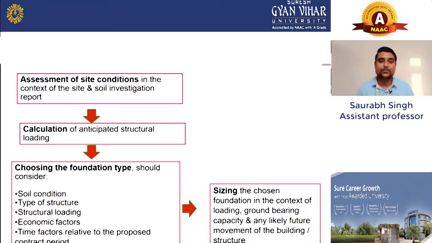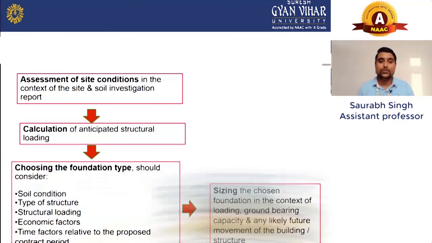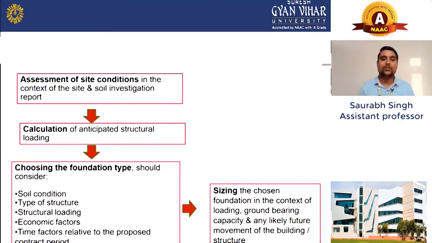It means first you have to do the assessment of the site condition, where you are going to make your structure. Is the soil quality good or not good? Is the bearing capacity of the soil good or bad? You have to investigate it by the assessment of the site.